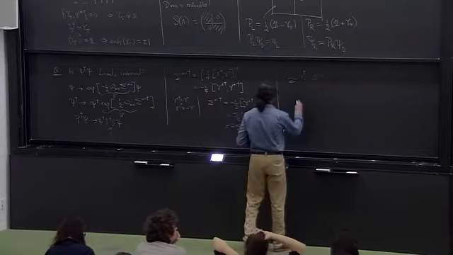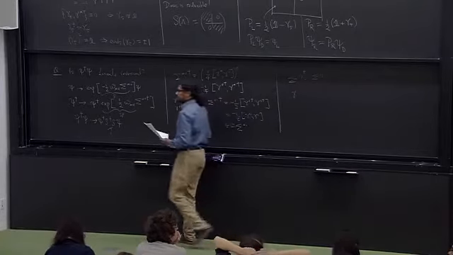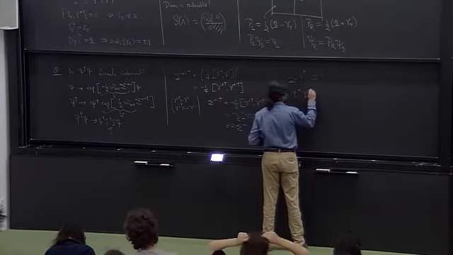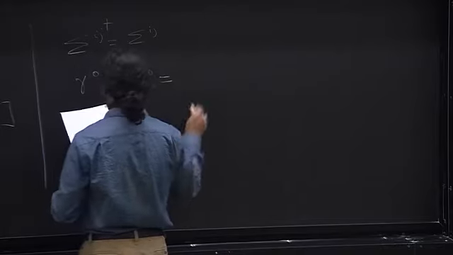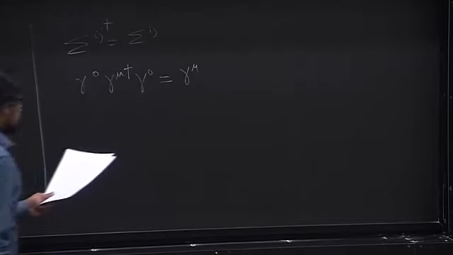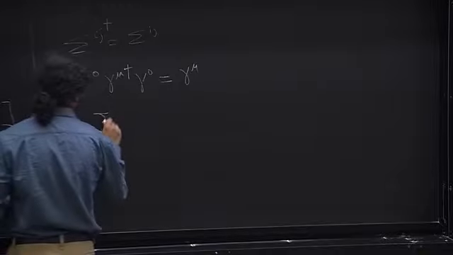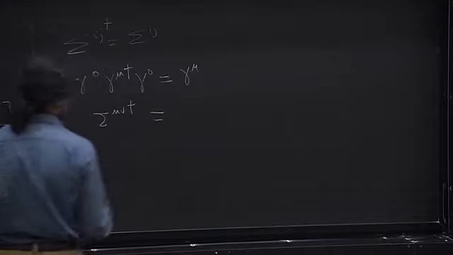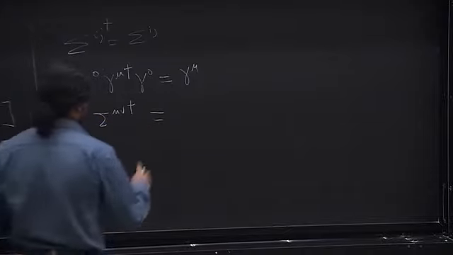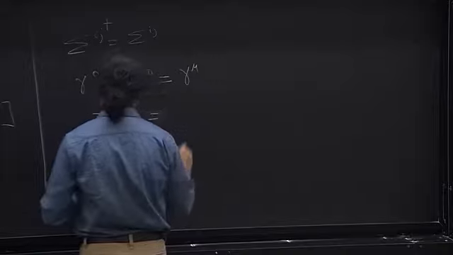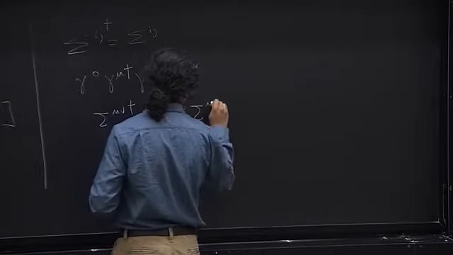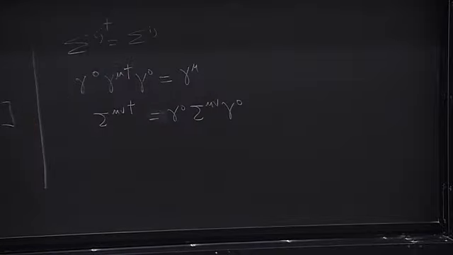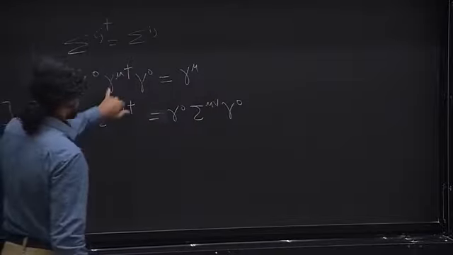Now, these Hermiticity properties can be encoded in one equation, which is this one. So from this, you can show that if you take any of the generators and take its Hermitian conjugate, you get the original generator back, but sandwiched between two gamma zeros. And this has to do with the fact that this is quadratic in gamma mu.